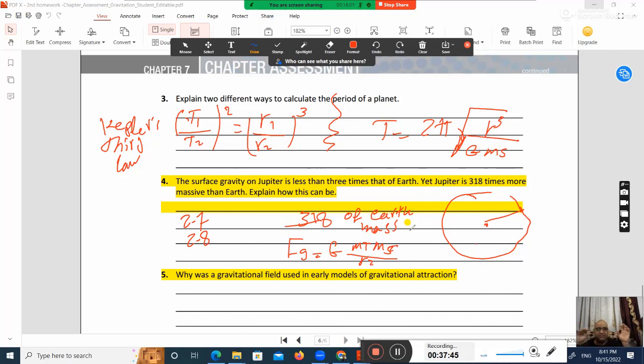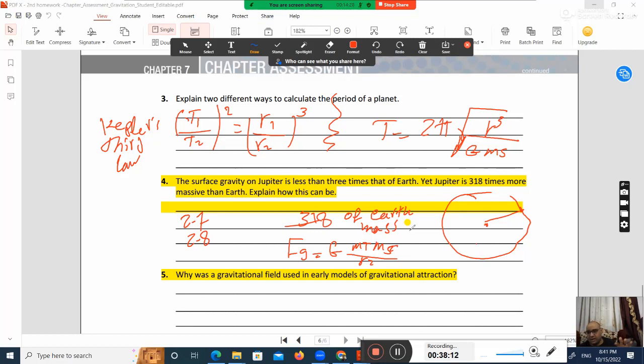The force of gravity is inversely proportional to the square of the radius. If the radius increases by only 2 times, the force of gravity will decrease to 1/4 its value. If it increases 4 times, the force of gravity is going to decrease to 1/16 of its value.